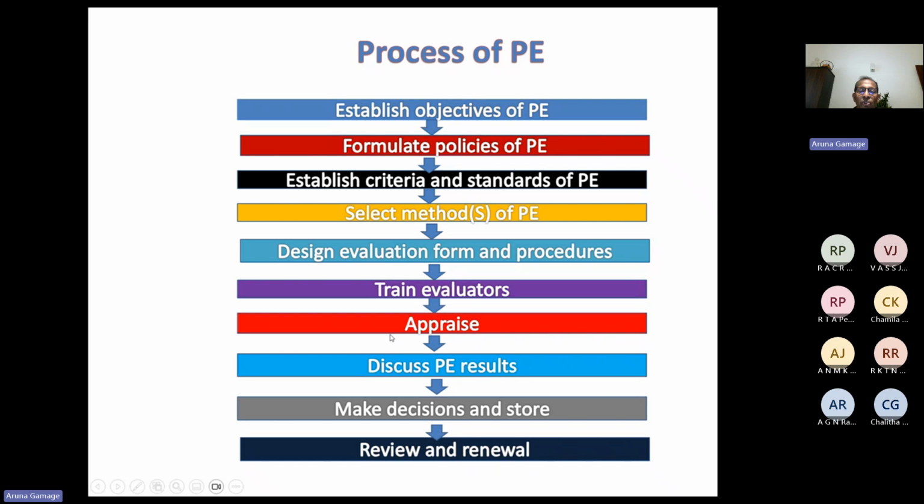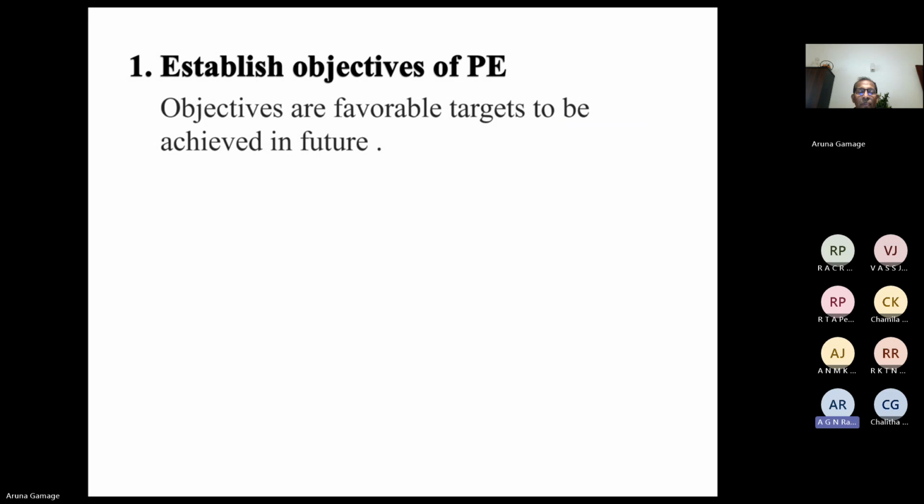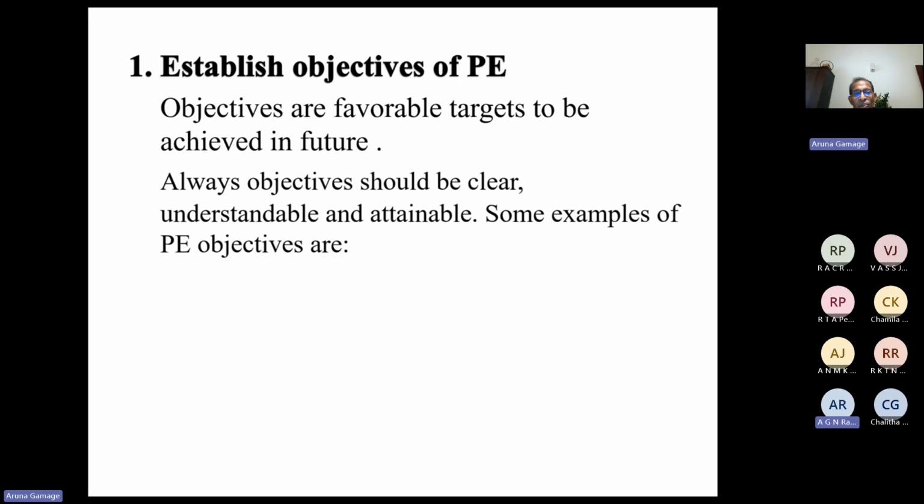You will be able to select or identify objectives if you go through the purposes of performance evaluation. Objectives are favorable targets to be achieved in time to come. Objectives should be clear, understandable, and attainable.